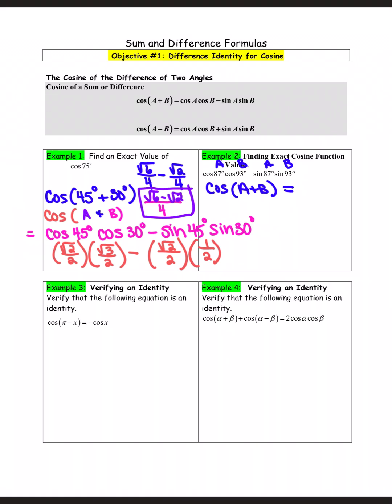So we can say that's just going to be cosine of 87 degrees plus 93 degrees. That gives me cosine of 180 degrees, and we know cosine of 180 is -1.